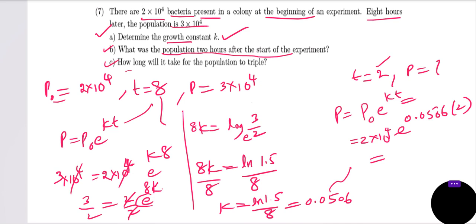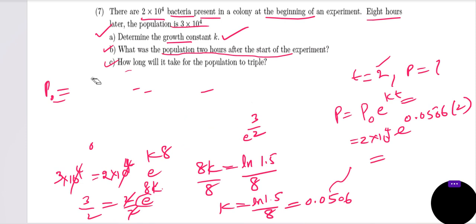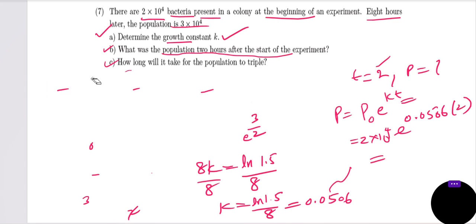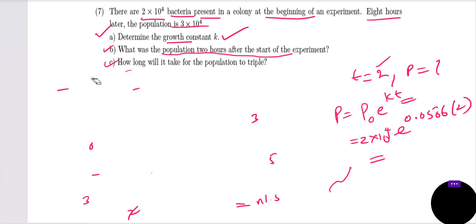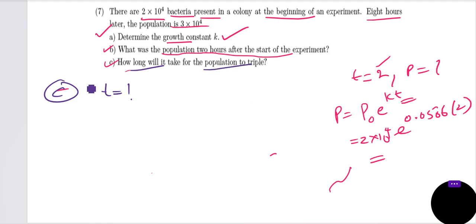And what about answer C? Answer for C. How long, that is how much time, for the population to triple.